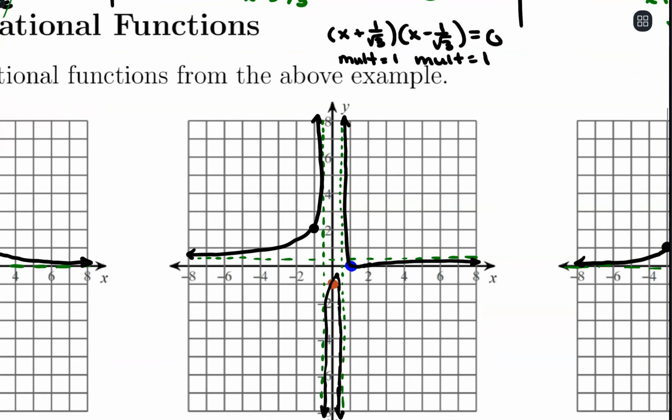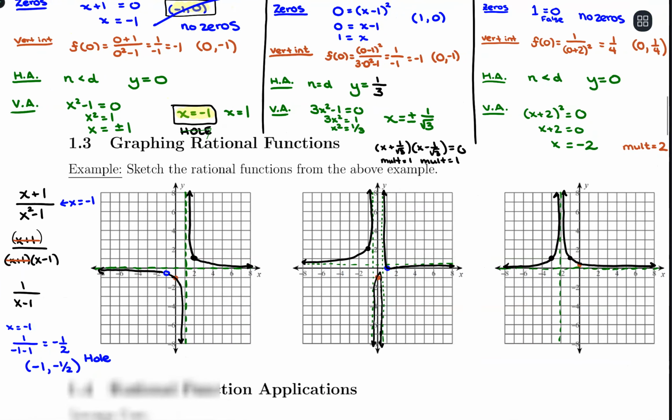And because of that, they go off in different directions. So if we're at that −1/√3, to the left of it, we're going off to positive infinity, to the right, negative infinity. So the multiplicity has a behavior effect on those vertical asymptotes. And it's coming from whether they go in the same direction to infinity or different directions to infinity.